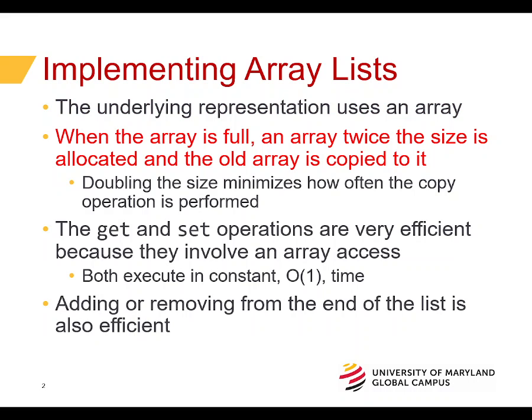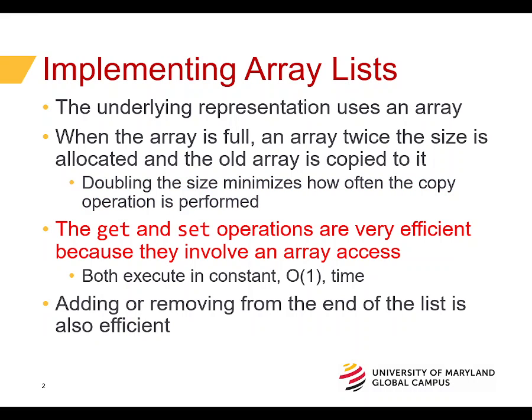To make it dynamic, it is necessary to ensure that when the array is full, a larger array twice the size is allocated and the old array is copied to it. By doubling the size, we minimize how often the copy operation is performed.